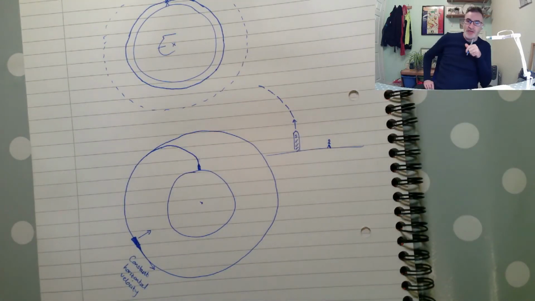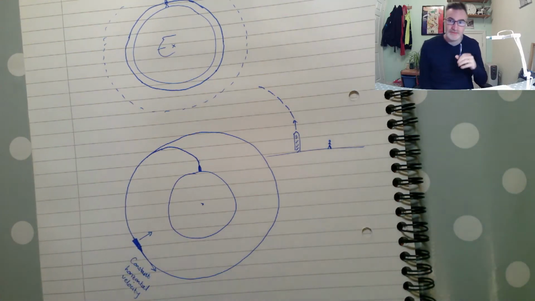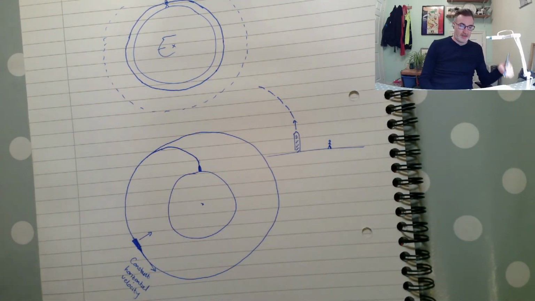Now it might not be at 9.8 at this point. By the time it gets up into space, the gravitational field strength at this altitude will not be 9.8. It will be less, but it's not nothing.